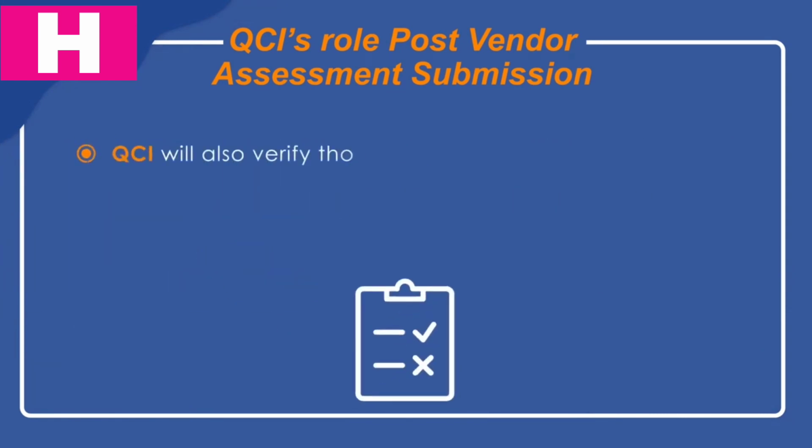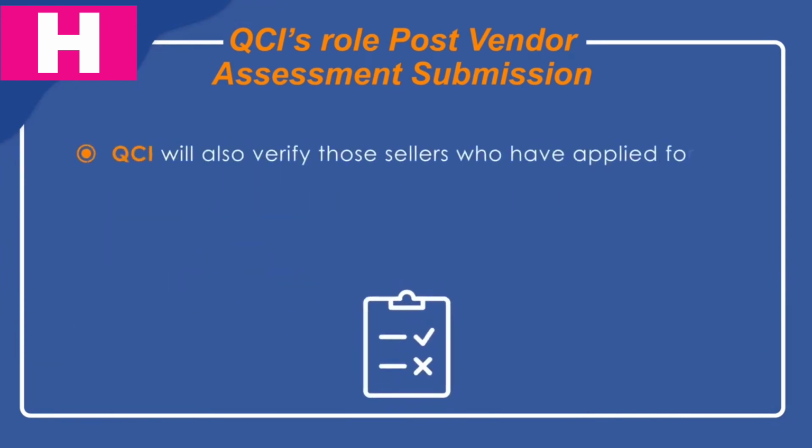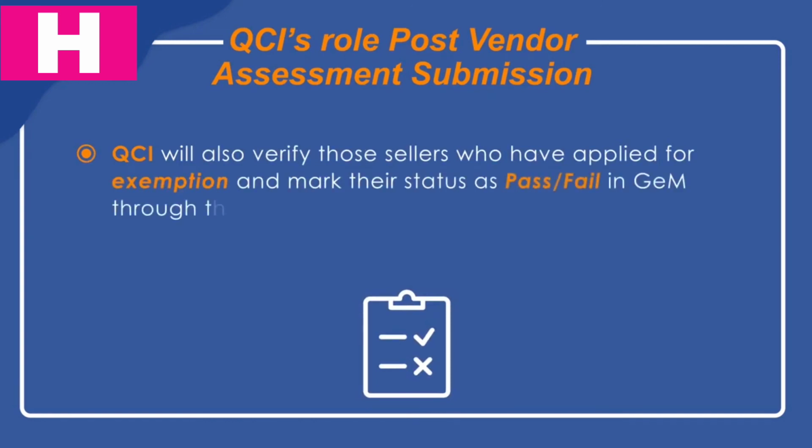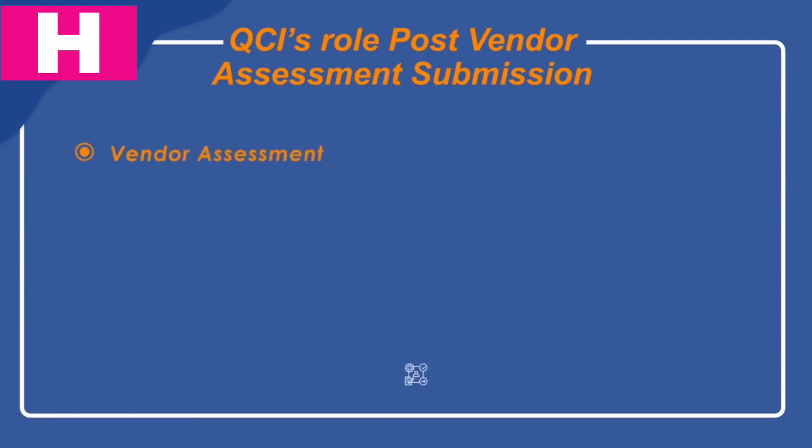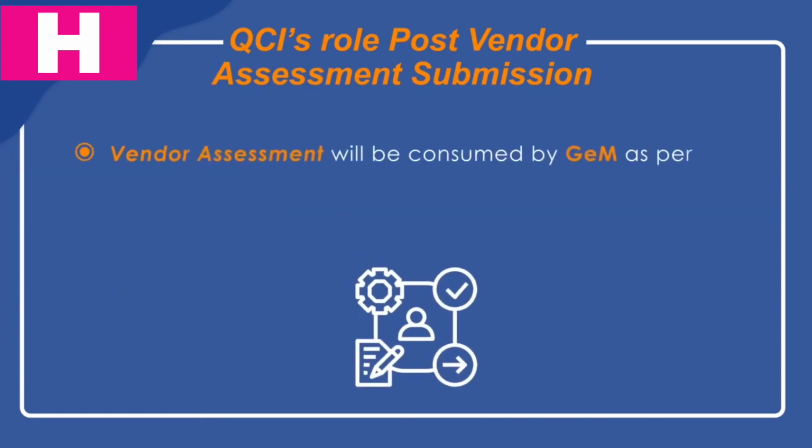QCI will also verify those sellers who have applied for an exemption and mark their status as pass or fail in GEM through their vendor assessment panel. The vendor assessment will be consumed by GEM as per the current process.